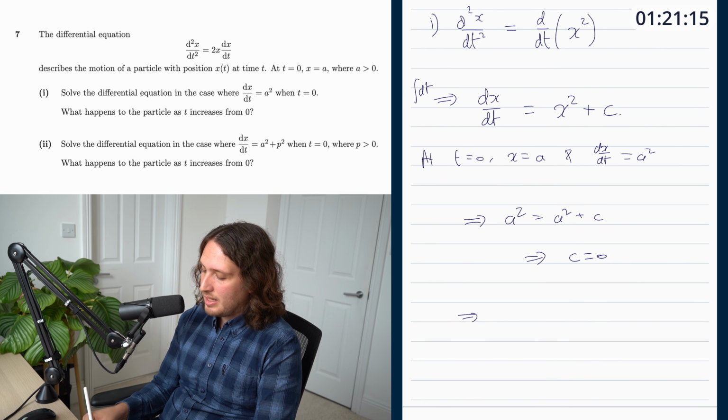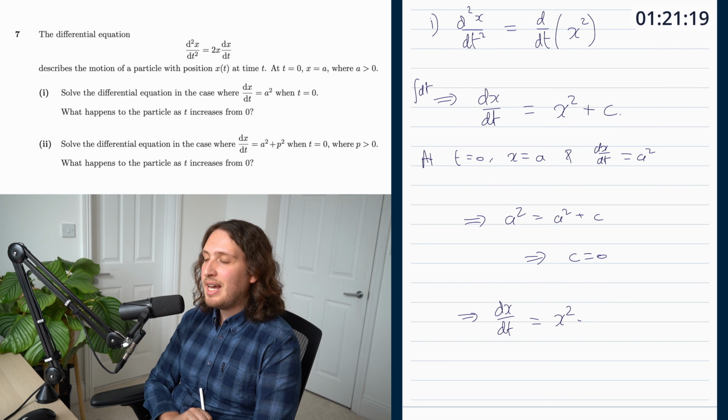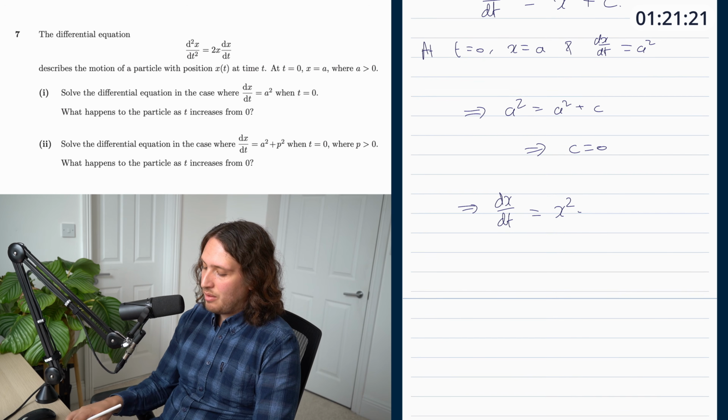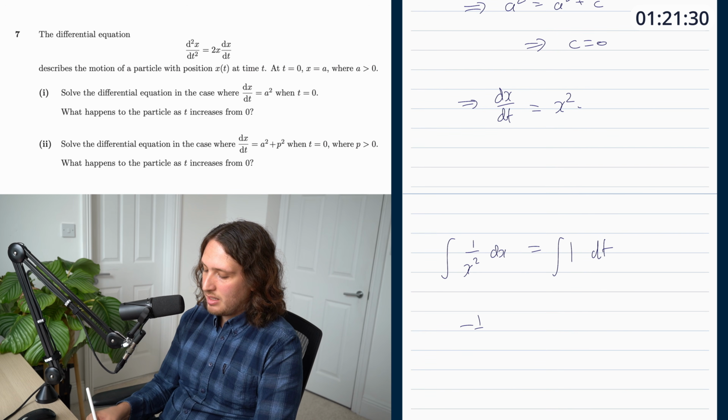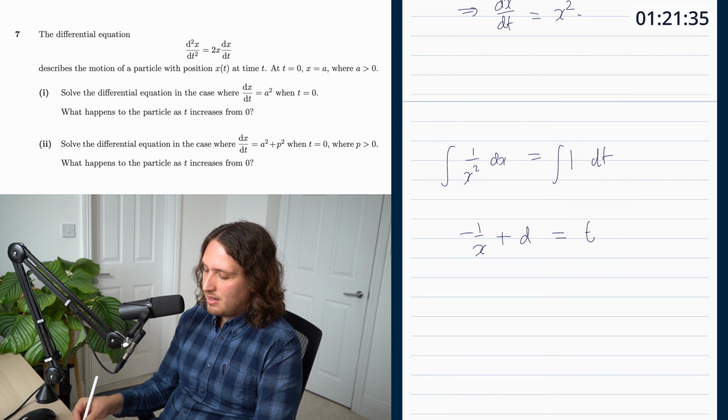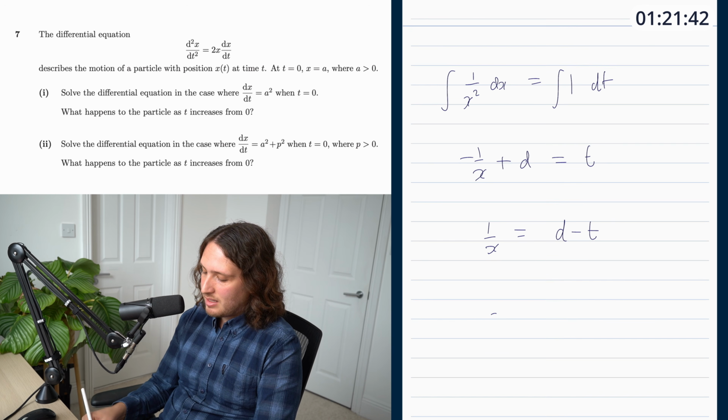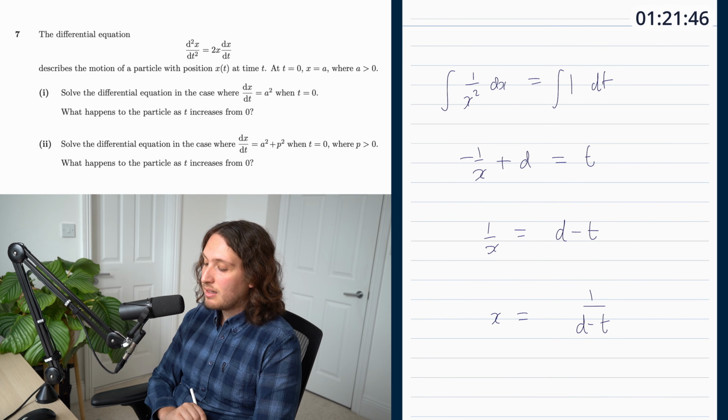So I found that dx by dt is just x squared. And now that's obviously variable separable. So 1 over x squared dx is 1 dt. So minus 1 over x plus d is t. So that means that 1 over x is d minus t. So x is 1 over d minus t.